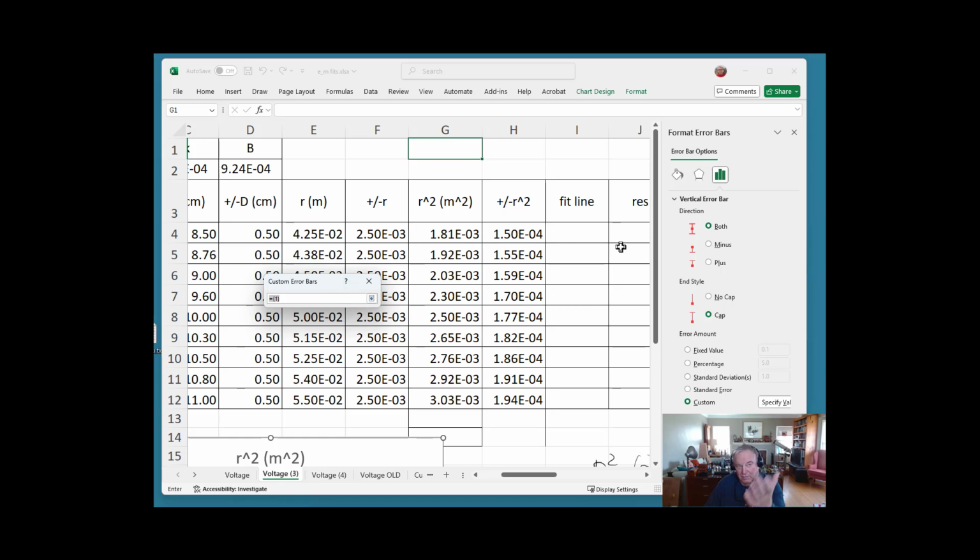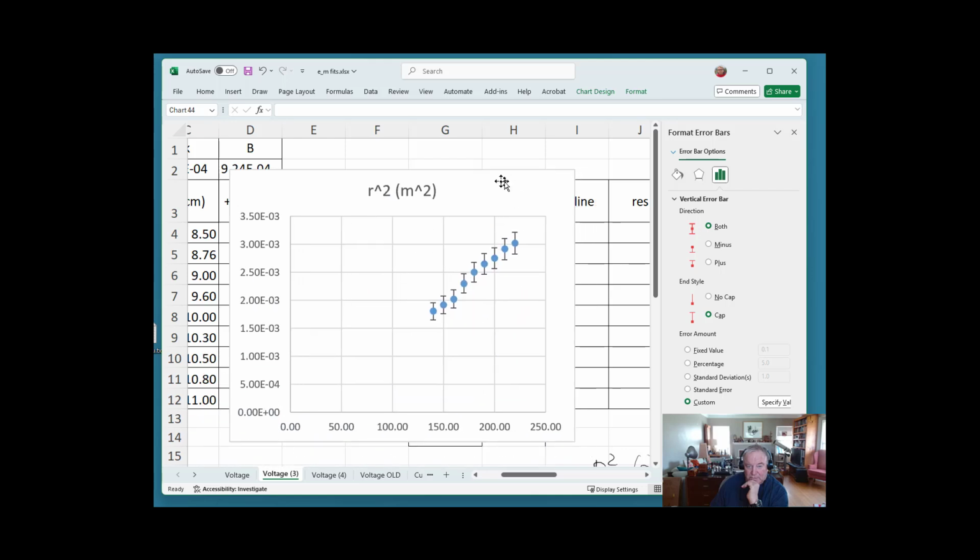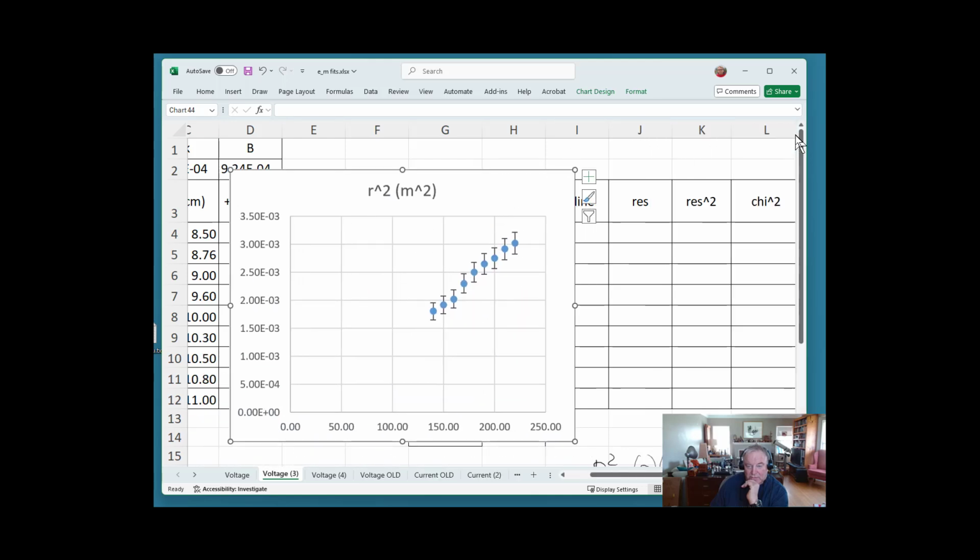Plus I have a separate monitor. I'm not even using my laptop screen. Okay, so there's plus minus. For the positive side, then we're just assuming symmetric error bars as usual. And there's the error bars.